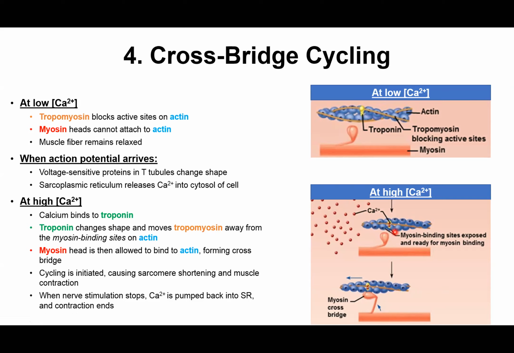This begins the cycle, and this causes sarcomere shortening and muscle contraction. Now, whenever the nerve stimulation stops, all this calcium gets pumped back into the sarcoplasmic reticulum, and the contraction is going to end.